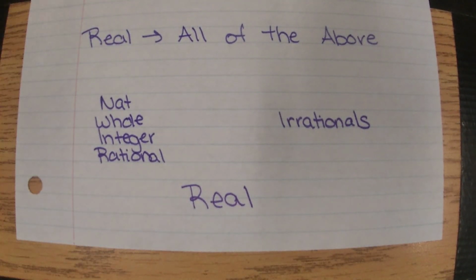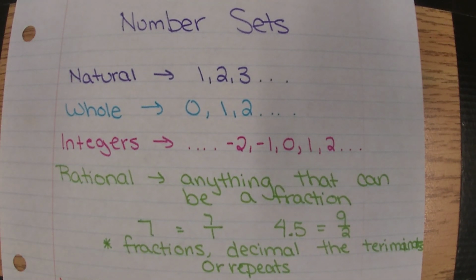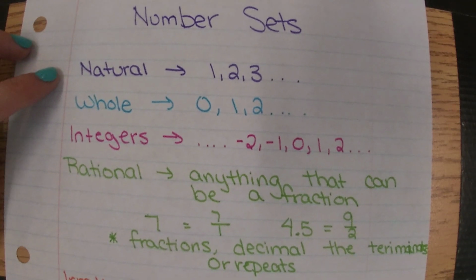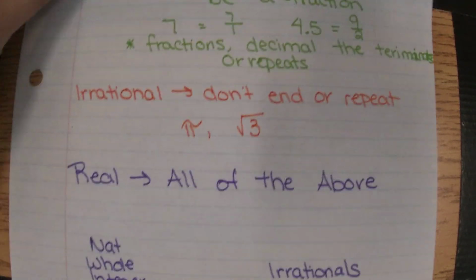So if we can find where we want to start in the list, we're then going to include anything underneath it. Okay, so if I say what number set or sets does 17 belong to? Okay, so we'll look up here and we'll find the first place that 17 would belong. So is 17 a natural number? Is it a number we could count to? And the answer to that question is yes.